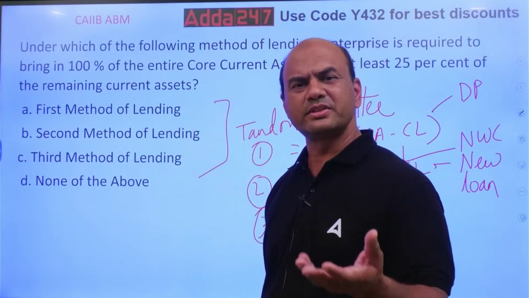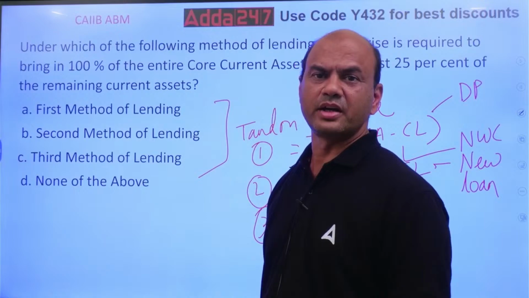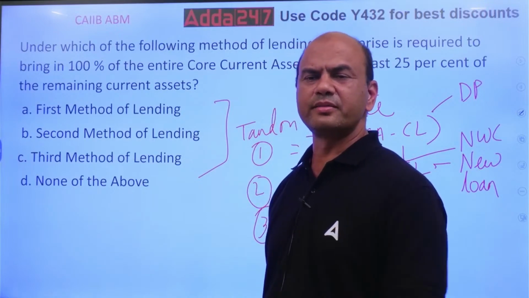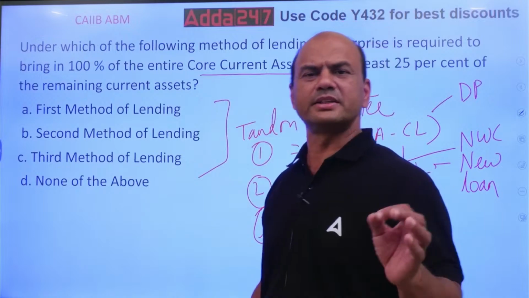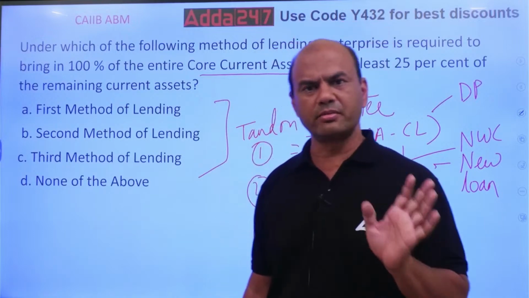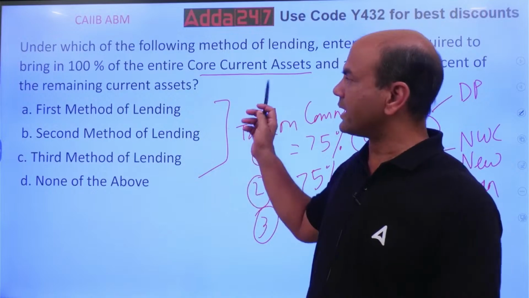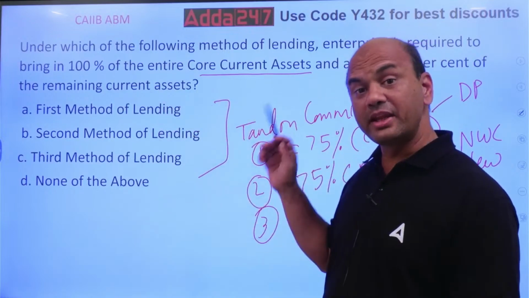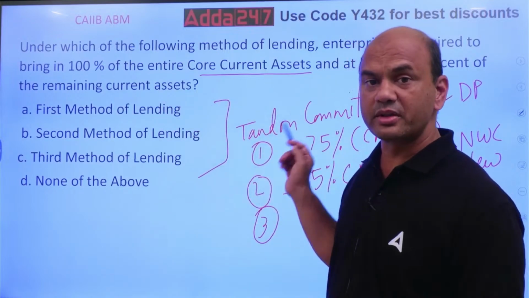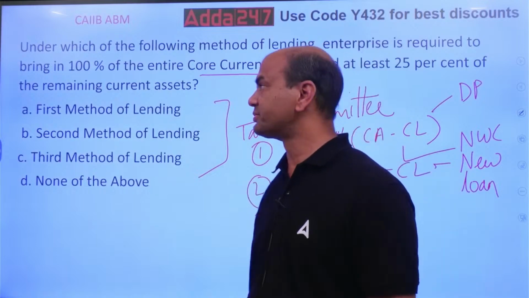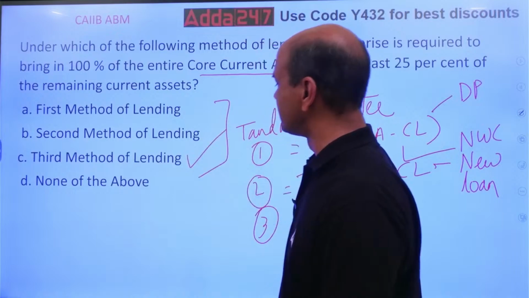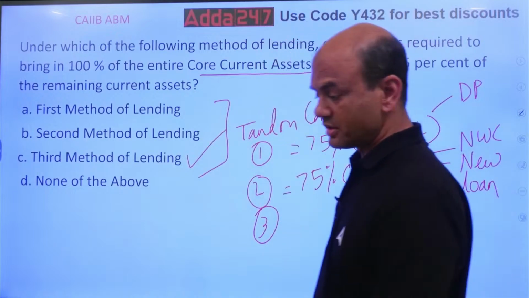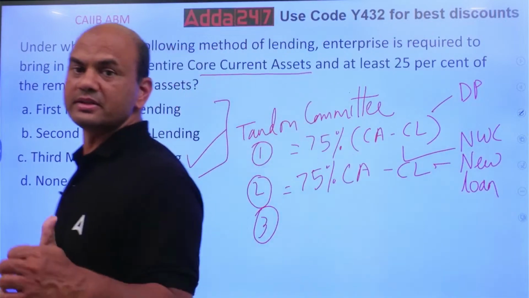Core current asset means your cash. 100% of your cash you have to bring in. So 100% of entire core current assets, and for the remaining assets, 25% is to be brought in. So this is used in the third method of lending. Got it?